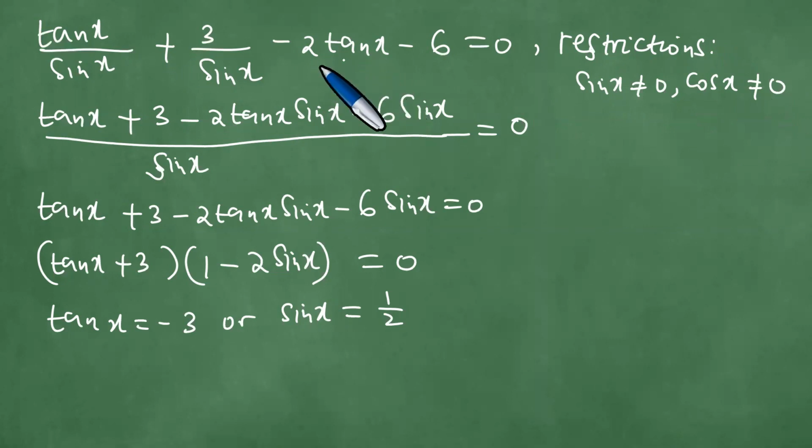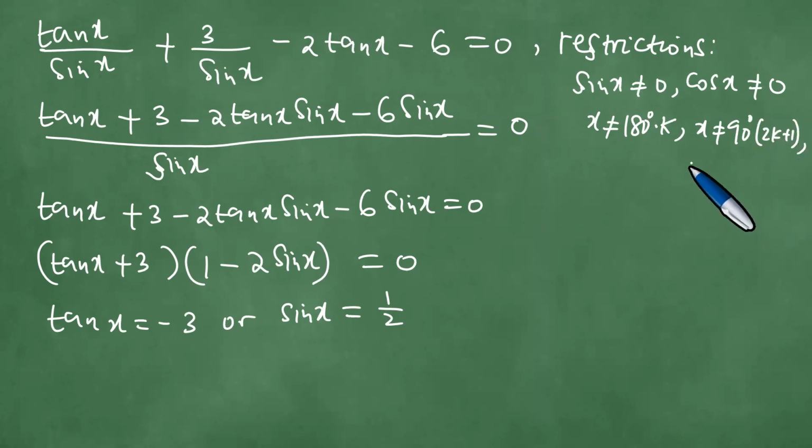Otherwise, this particular equation is undefined. Now if the sine is not 0, it means that x is not a multiple of 180 degrees times k. When the cosine is not 0, it means that x is not equal to 90 degrees times (2k plus 1), where k is an element of the set of integers.